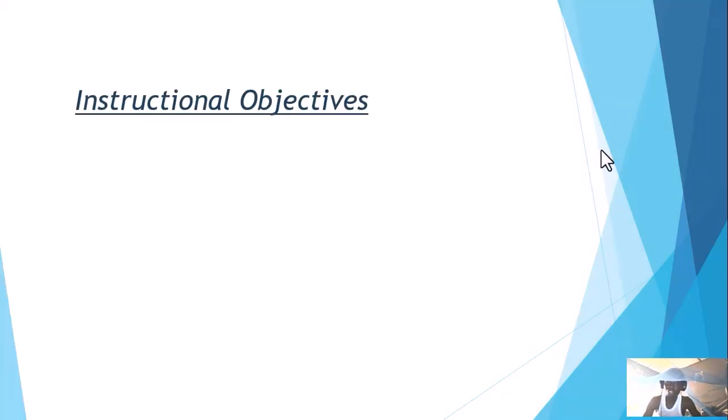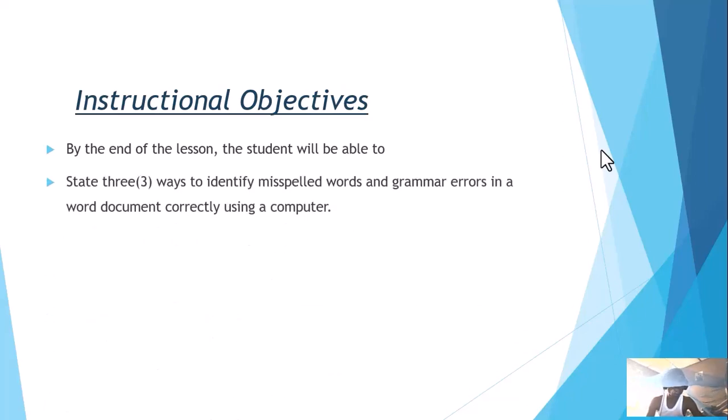Let's look at the instructional objectives. By the end of this lesson, you should be able to state 3 ways to identify misspelled words and grammar errors in a Word document correctly using a computer.